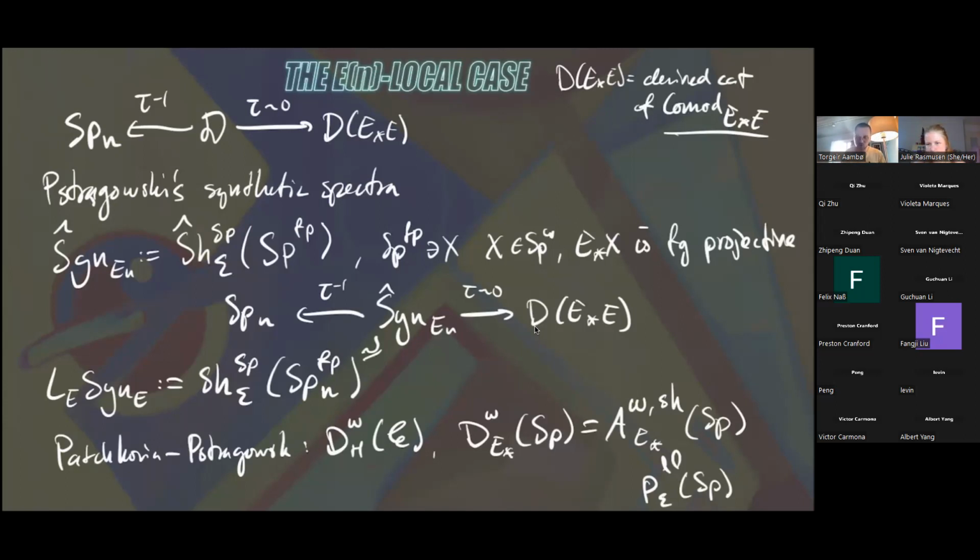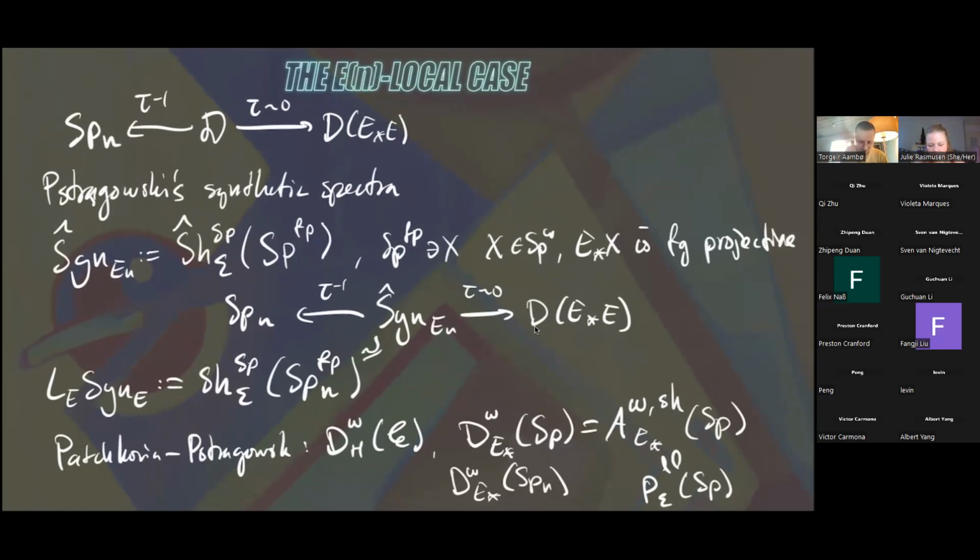And again, we can also do an internal construction. This is for the whole category of spectra, and we also have an internal version using only the E_n local ones. And I'm running out of space. Okay, we're going to remove this, and then we're going to have a remark in the corner. That's always fun.